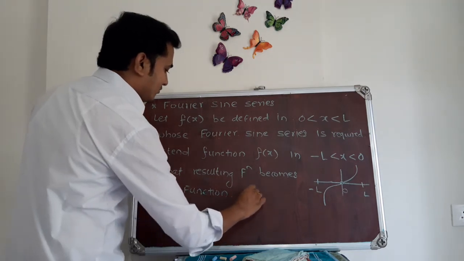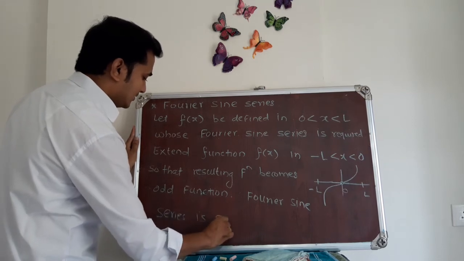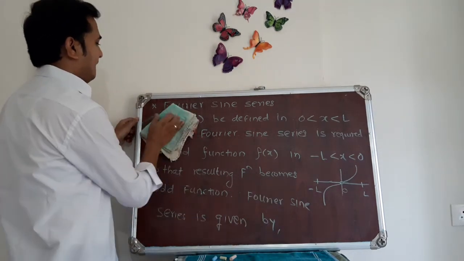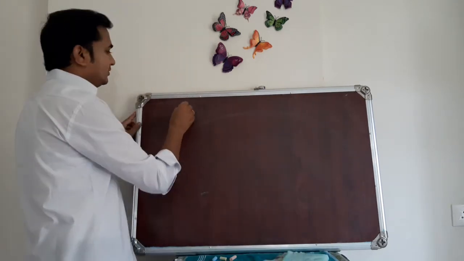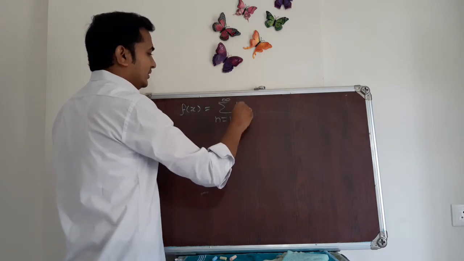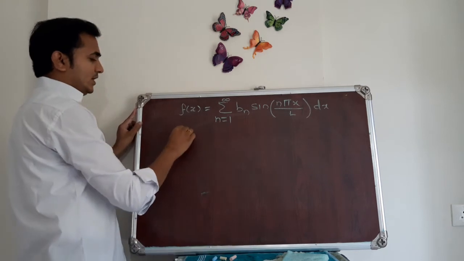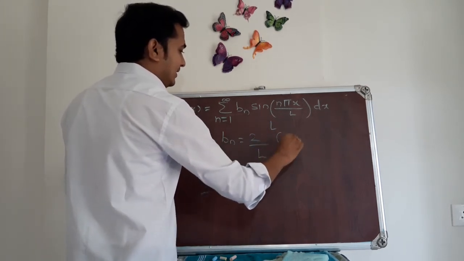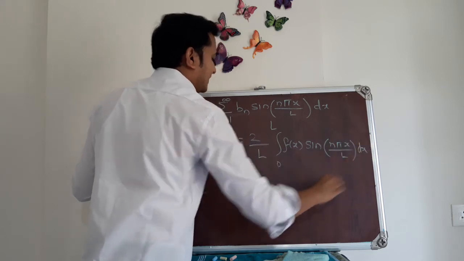Therefore the Fourier sine series is given by, let us write it. f of x is equal to, a naught is 0 for Fourier sine series, an is also 0, summation n running from 1 to infinity bn sin n pi x upon L, where bn is 2 by L integral 0 to L f of x sin of n pi x upon L dx.